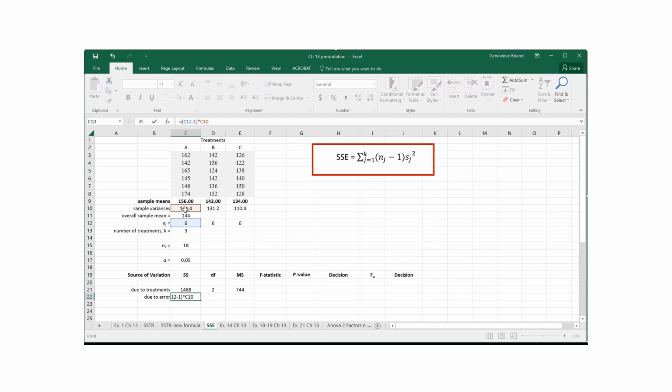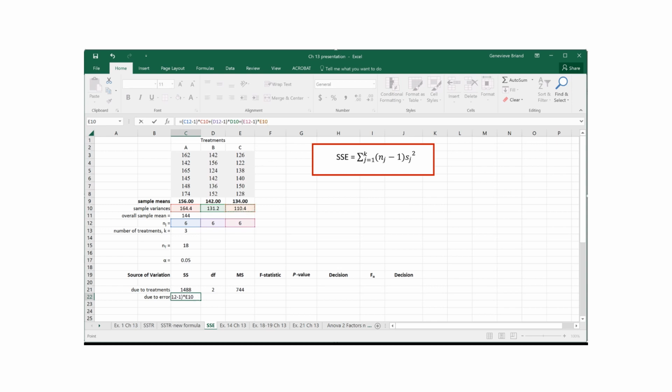And then I'm going to do that for my next treatment. Sample size minus 1 times the sample variance, and minus 1 times sample variance.